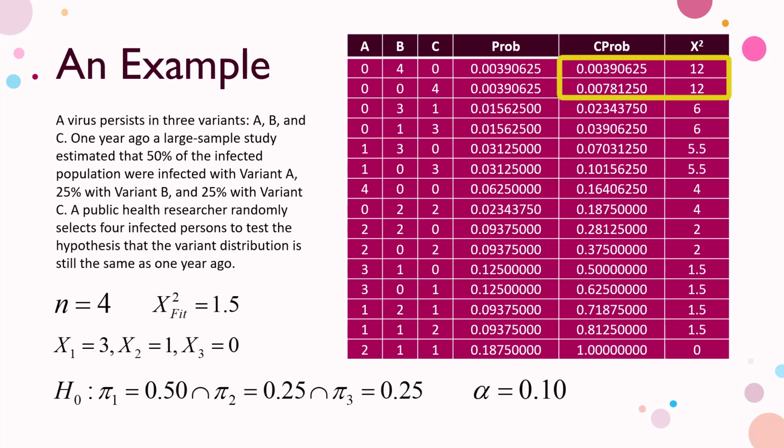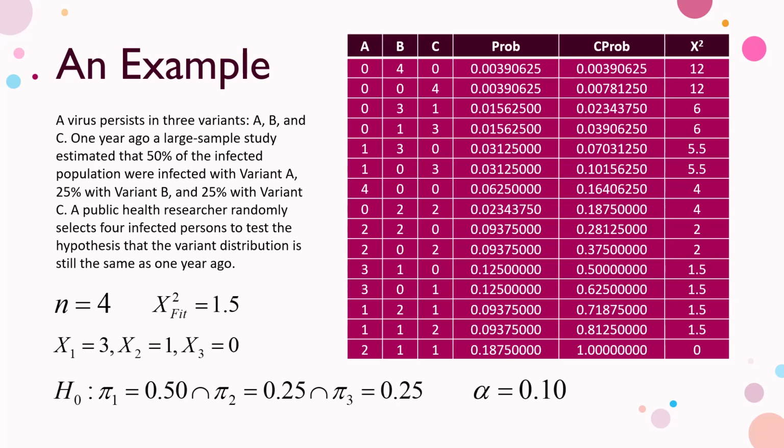We have 2 of those, so both of those will go in our rejection region. We'll continue down in this fashion, moving down to 6 and putting 2 6s in our rejection region, and so on, until we finally reach a cumulative probability that would take us over our acceptable type 1 error rate. We set that at 10%.